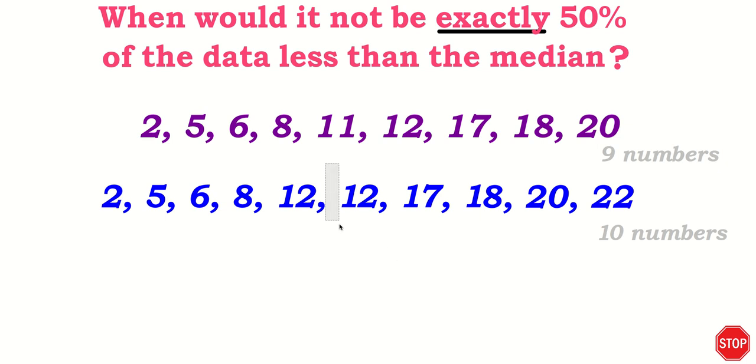Well, the median is going to be 12, because when you go in between 12 and 12, you get 12. So what percent of the data is greater than 12? Well, it's not these 5, it's these 4. So 4 out of the 10 was greater than the median.